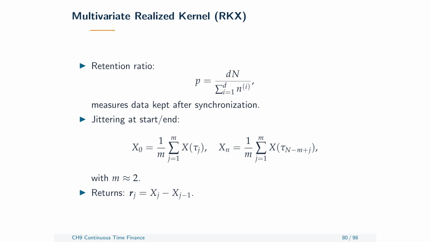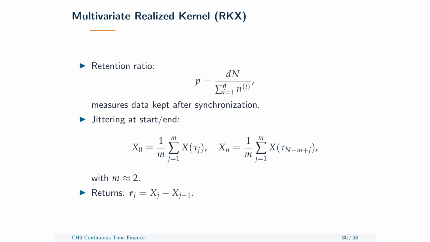A bandwidth determines the effective lag range. Larger bandwidths correct more serial dependence, but can increase estimation variability. RKX is positive semi-definite by construction under its kernel conditions and can accommodate endogenous and serially correlated noise more flexibly than the simplest two-scale model.